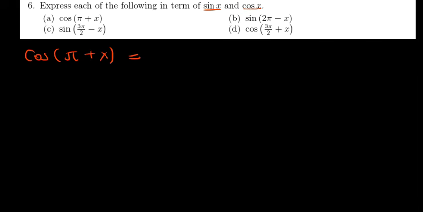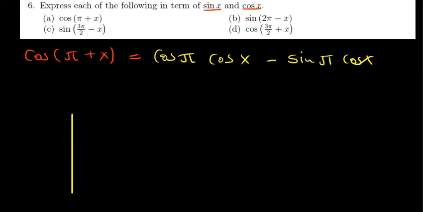So cosine of pi plus x is the same as, cosine shares, so cosine pi cosine x, and then the sign changes, sine pi sine x. This simplifies to cosine pi, or cosine 180. I've forgotten, so I'll draw the graph.